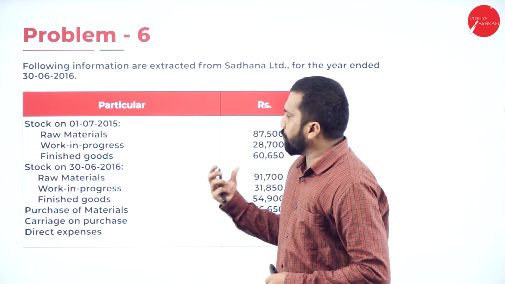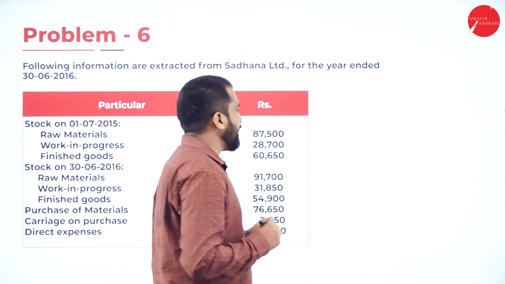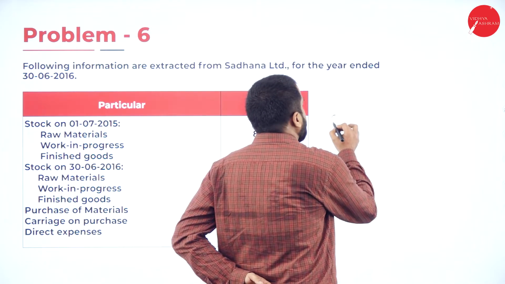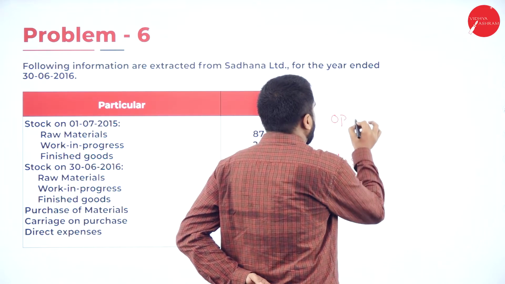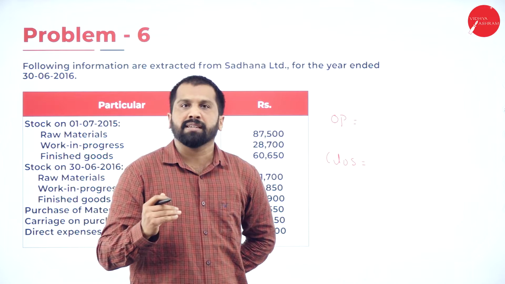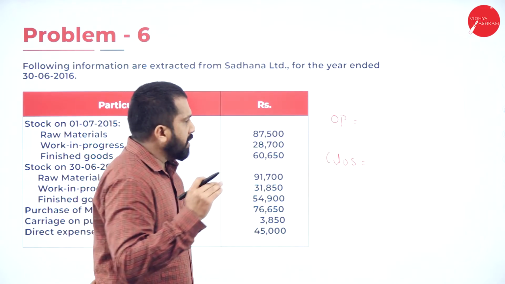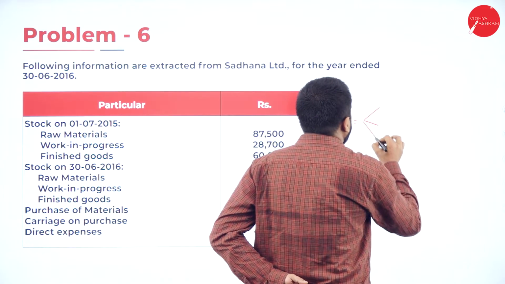Before we go to all the opening and closing, remember how we calculate. Remember this always, opening stock as well as closing stock. In the opening stock we have three things.